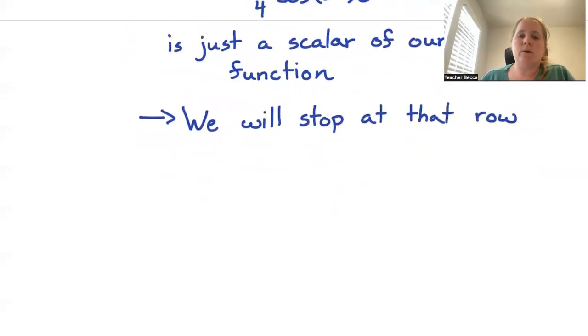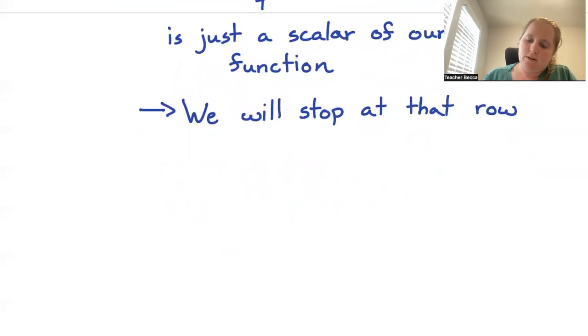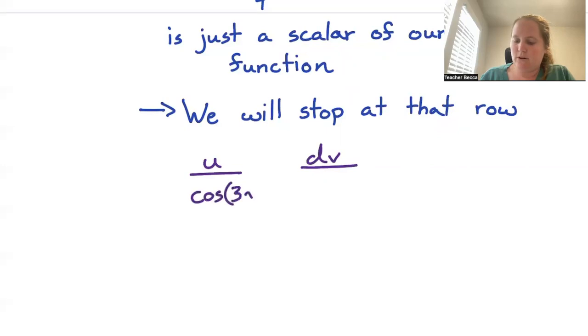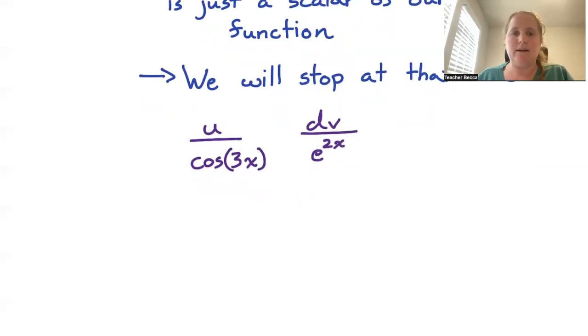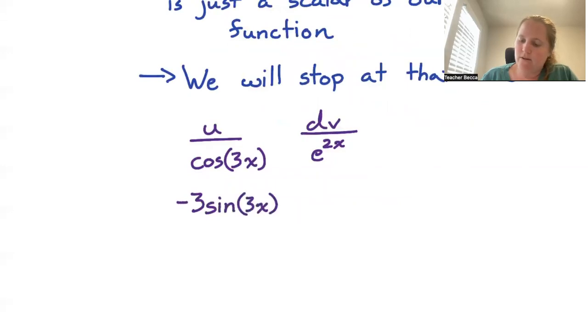So I'm going to rewrite the integration by parts. So our u and dv, we had cosine of 3x for our original u, e to the 2x as our original dv minus that dx component. Differentiating down the left, we go to a negative 3 sine of 3x, followed by a negative 9 cosine of 3x.